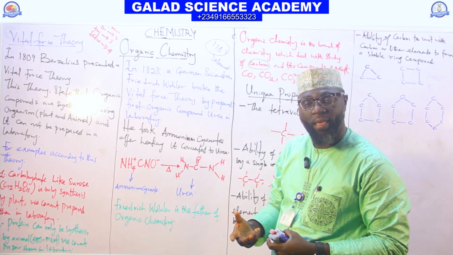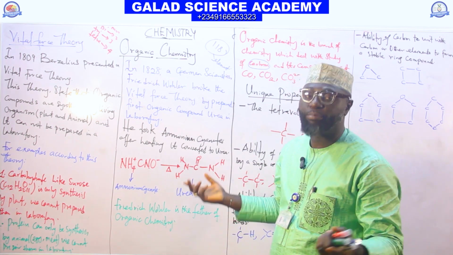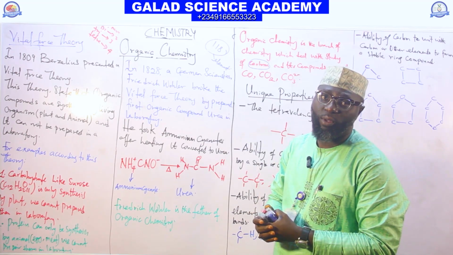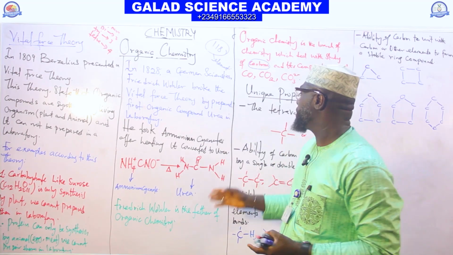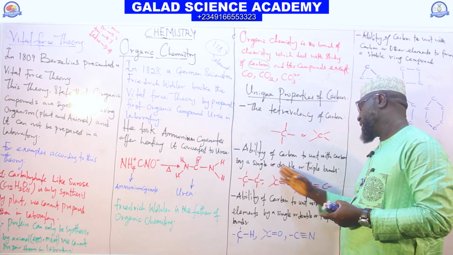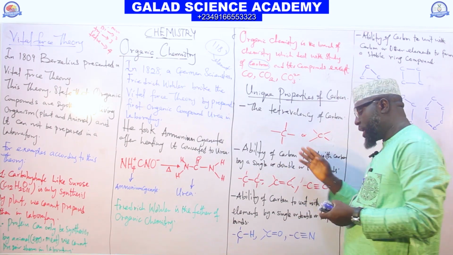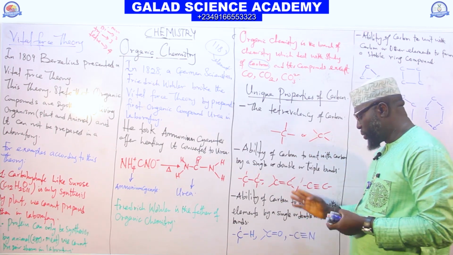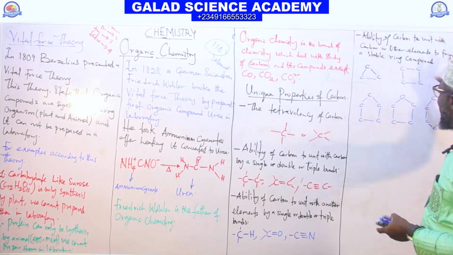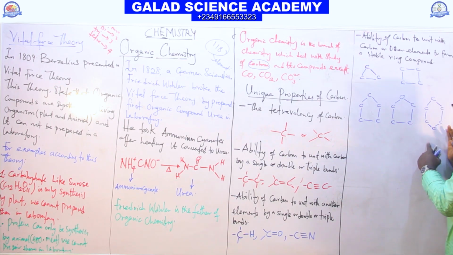Because of the uniqueness of carbon. What are the unique properties of carbon? Tetravalency; uniting with carbon by single, double, triple bond; carbon with other elements by single, double, triple bond; and the ability to form a ring compound.